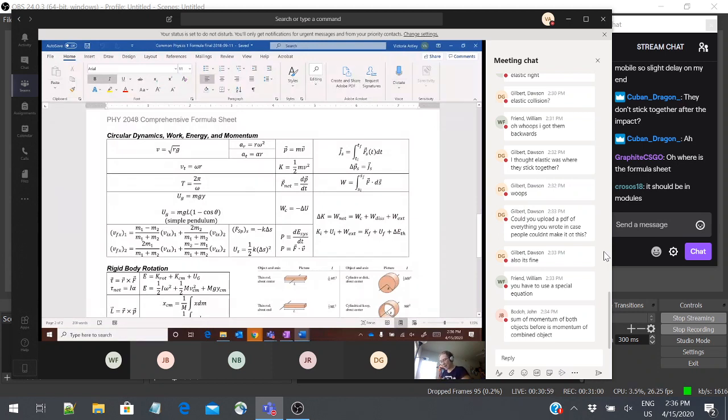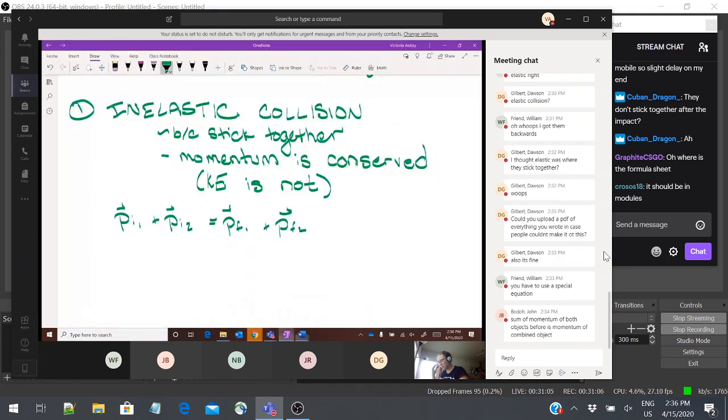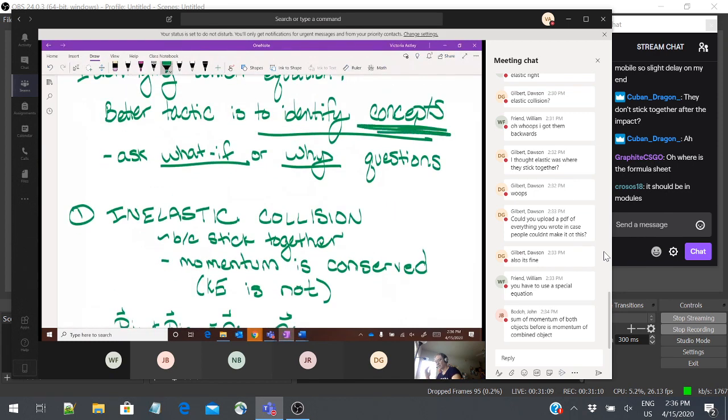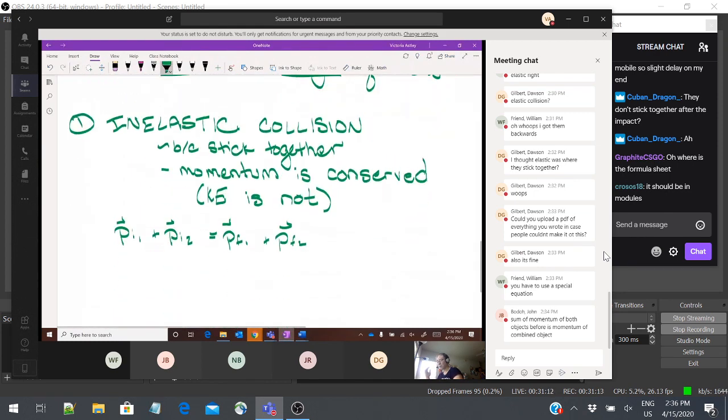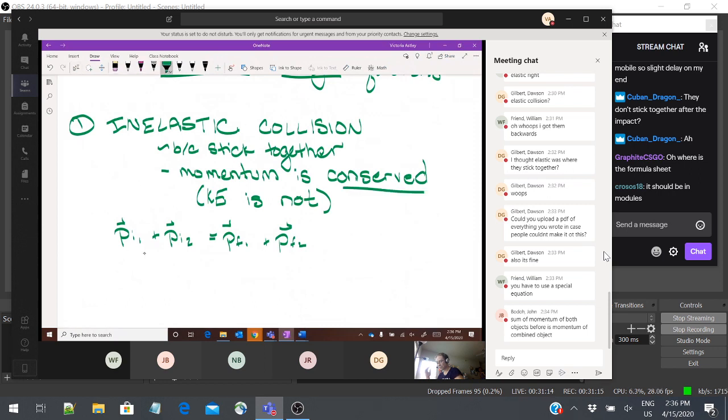It's just, how do you write that as a formula? It's hard. So this is one where your formula comes from your understanding of the concept. You know that momentum is conserved, which means momentum before is equal to momentum after. Does that make sense? Does that help? I think, Gabe.